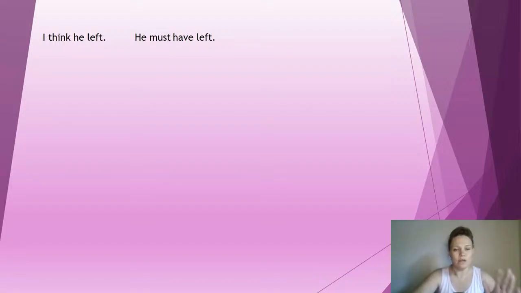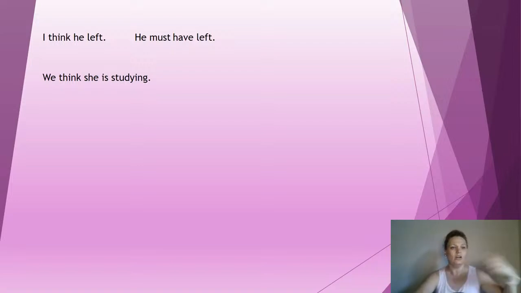After must, we use bare infinitive, and we want to show that the action already happened. He must leave will have another meaning, you see. Then, he must have left. We are sure that he has already left.